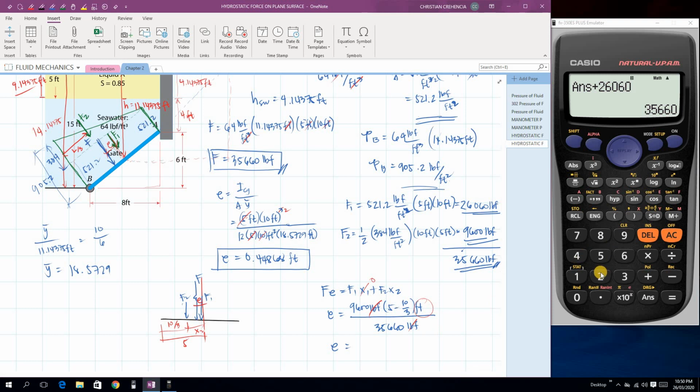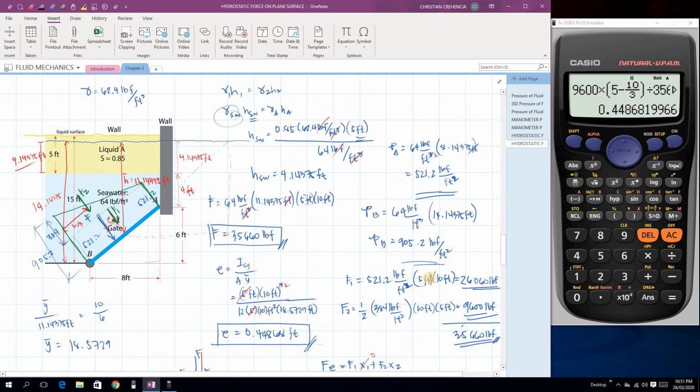So, solve natin. 9,600 times 5 minus 10 over 3. Okay. Then divided by 35,660. Okay. So, nakuha natin is 0.44868 feet. Okay? So, same lang nung sa kanina.